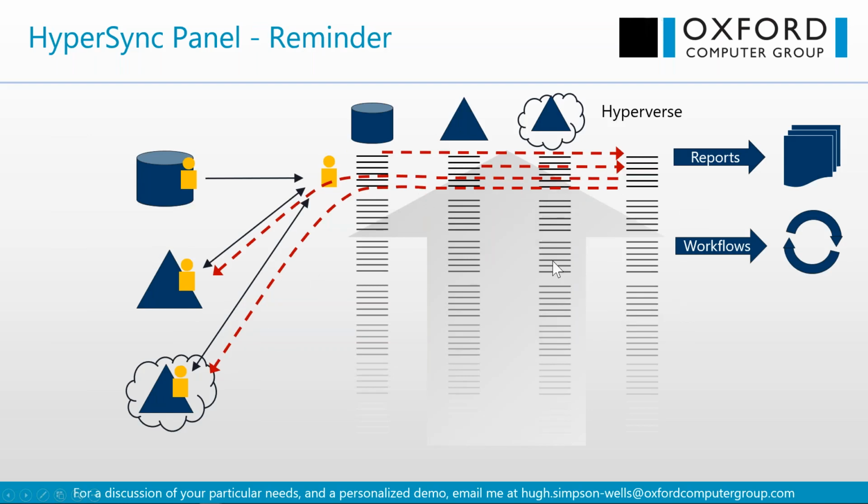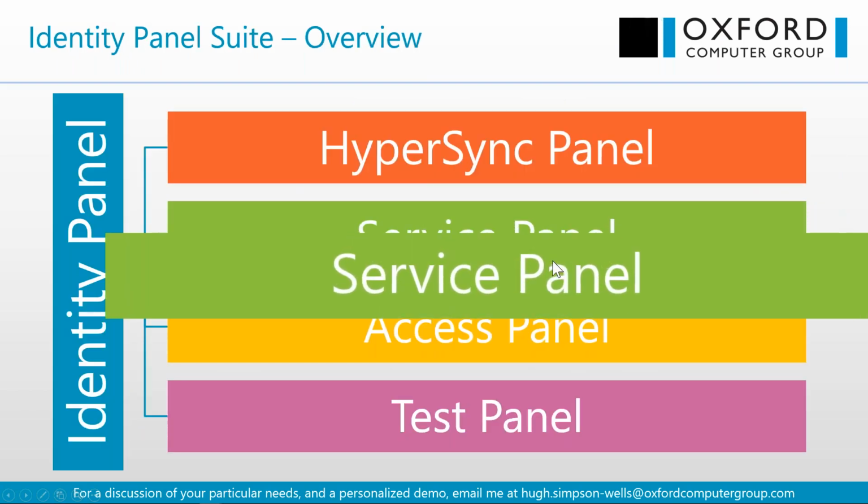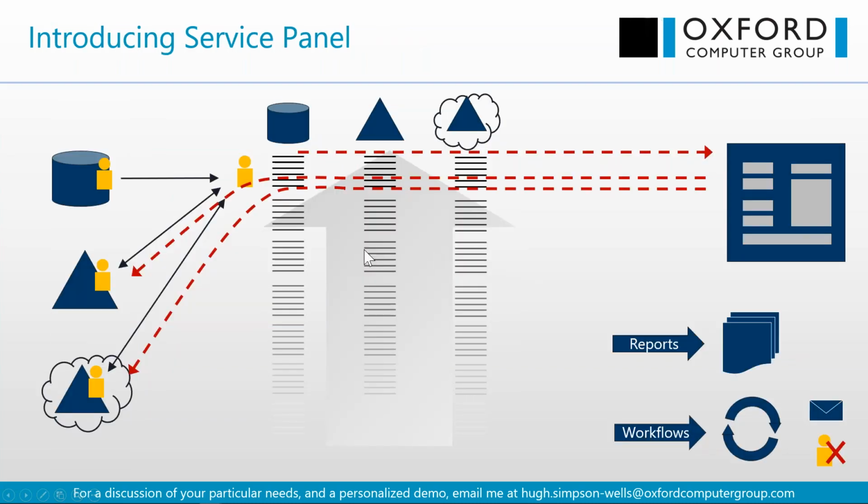Next, we talked about Service Panel. This was last week, and that's about exposing data to users. Now, in Access Panel, we also expose data to users, and you'll see a lot of similar sort of forms and so on in use. And with Service Panel, we're defining custom forms which can pull data from any of these silos, and depending on actions that you take within the forms, we might send an email, we might interface with ServiceNow, we might push data out into other silos.